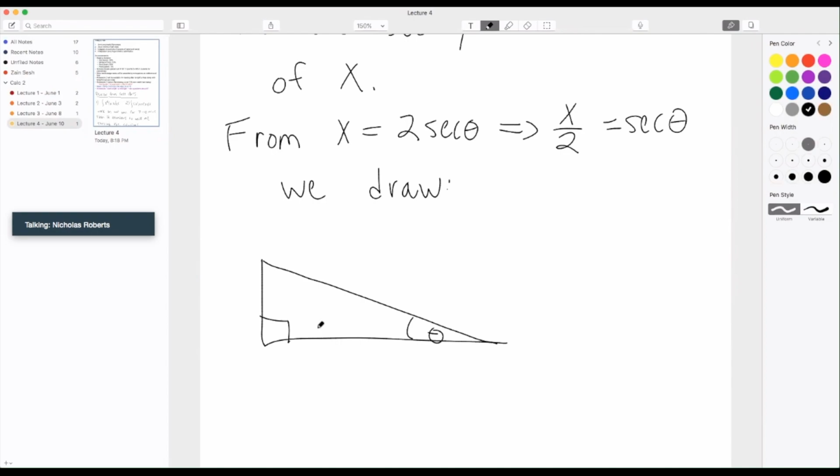Secant theta is hypotenuse over adjacent, so that's going to be x, that's going to be 2, and this missing leg is going to be the square root of x squared minus 4, by Pythagorean.